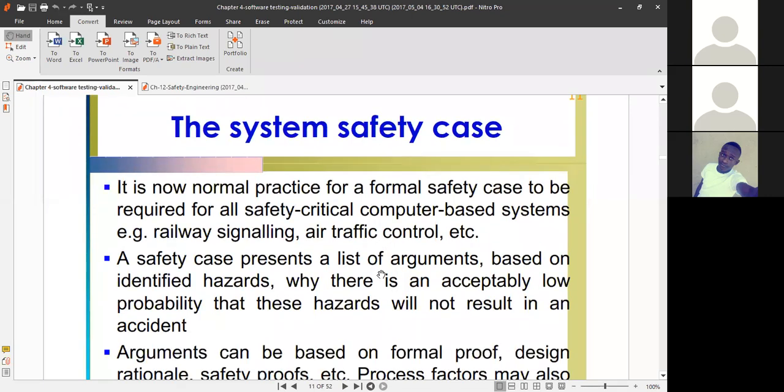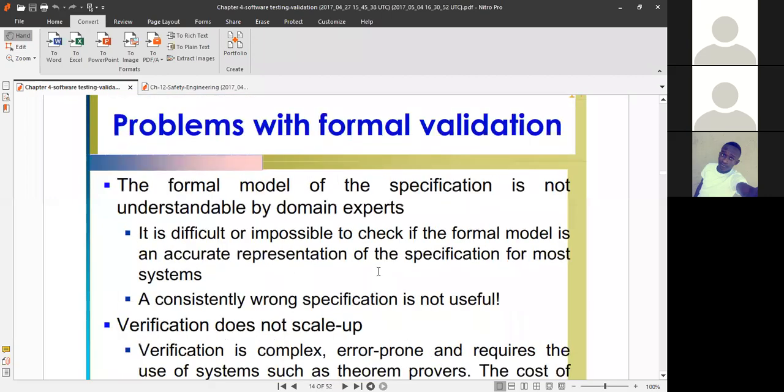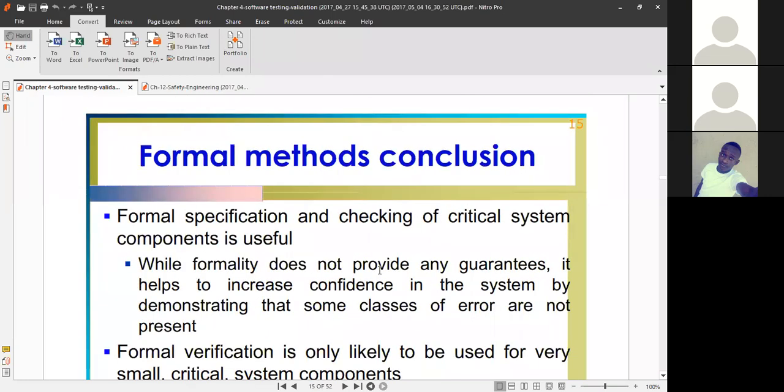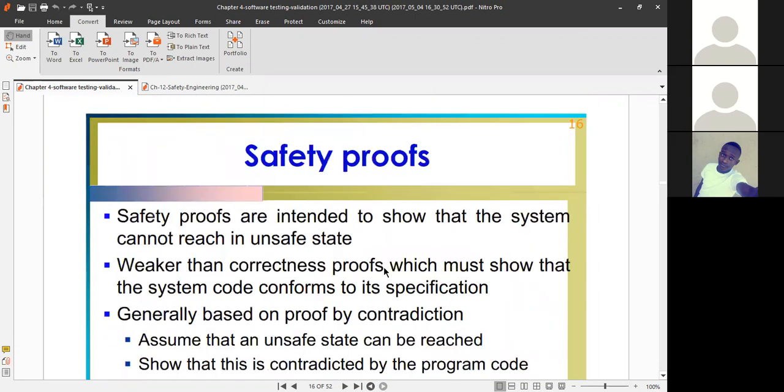We've talked about the formal methods. We talked about it in a different order to make it more understandable, because before that it might have really looked a bit abstract. Safety proofs are intended to show that you cannot reach an unsafe state.